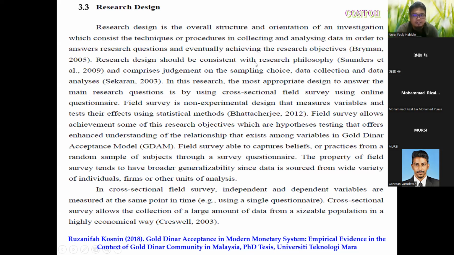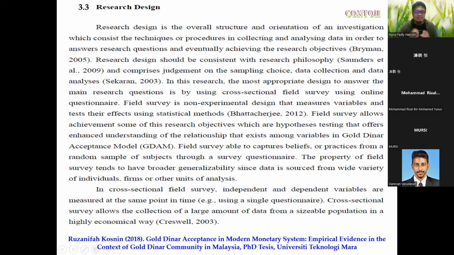Okay, so just read. Research design is an overall structure and orientation of investigation which consists of techniques or procedures in collecting and analyzing data in order to answer research questions and eventually achieve the research objective.